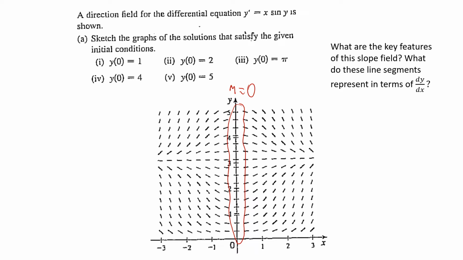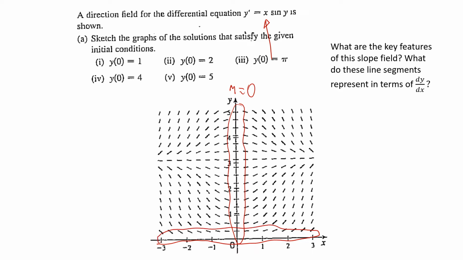Interesting. Where else do you see a 0 gradient? And of course that makes perfect sense, because if I have a look at my rule for dy dx, whenever x is equal to 0, y dash is equal to 0, dy dx is equal to 0. Now we know sine is also 0 if y was equal to 0, so you're expecting 0 gradient to exist along here.